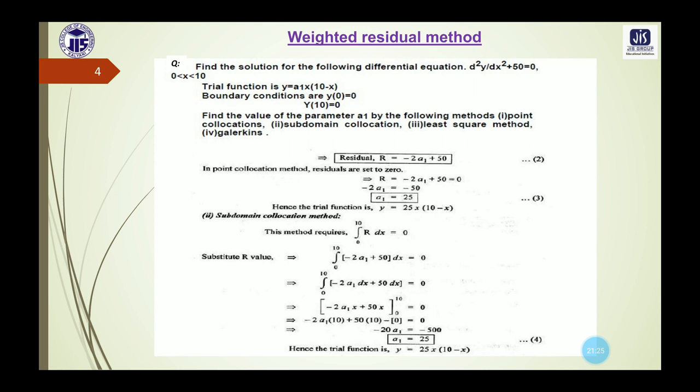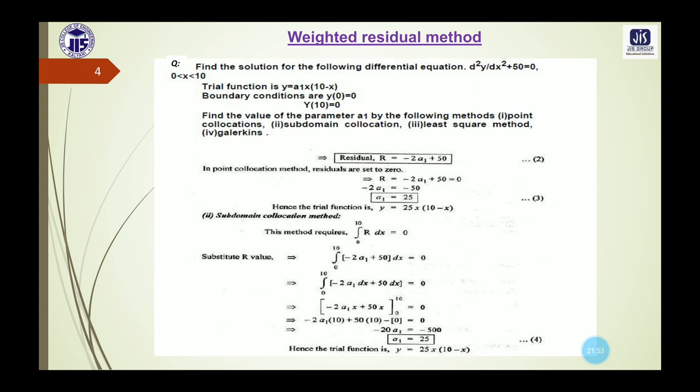The trial function is given as y equals a1x multiplied by (10 minus x). Now the boundary conditions are given: y(0) equals 0 and y(10) equals 0. That means at x equals 0, y equals 0, and at x equals 10, y equals 0.